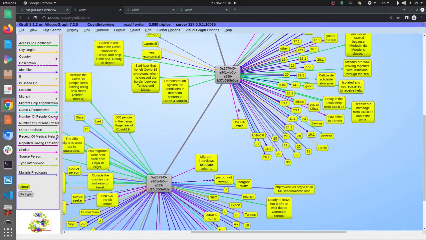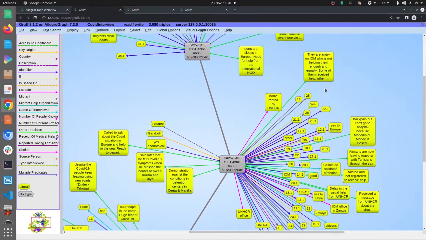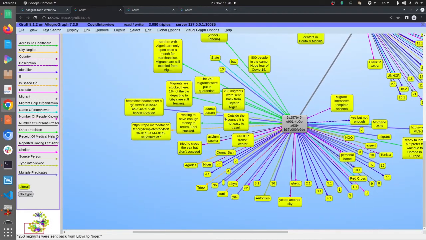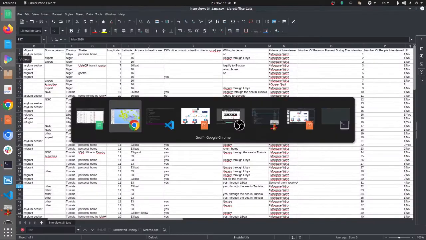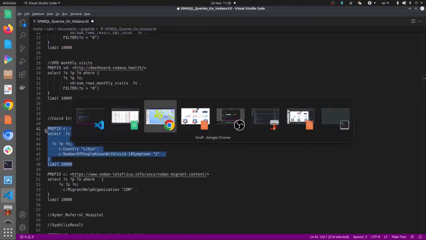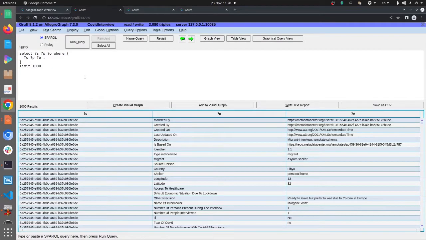We have UNHCR who has supported this patient. There are COVID cases, some migrants, for instance, this one is an asylum seeker. We can drill down more by asking which individuals had symptoms and were from Libya.